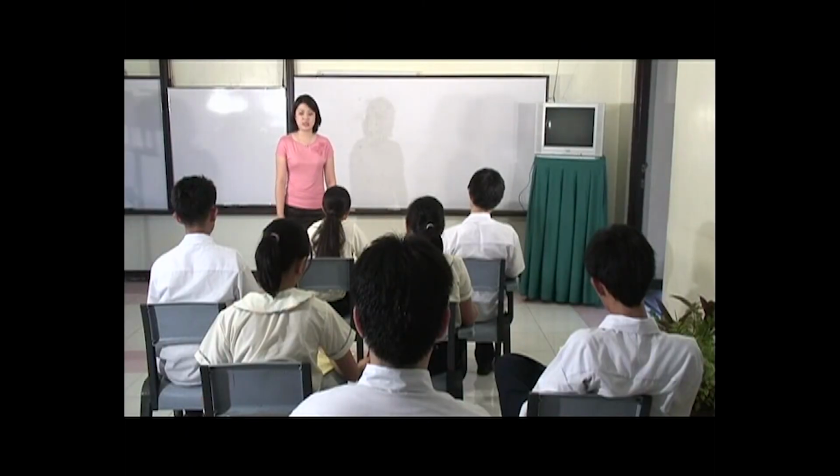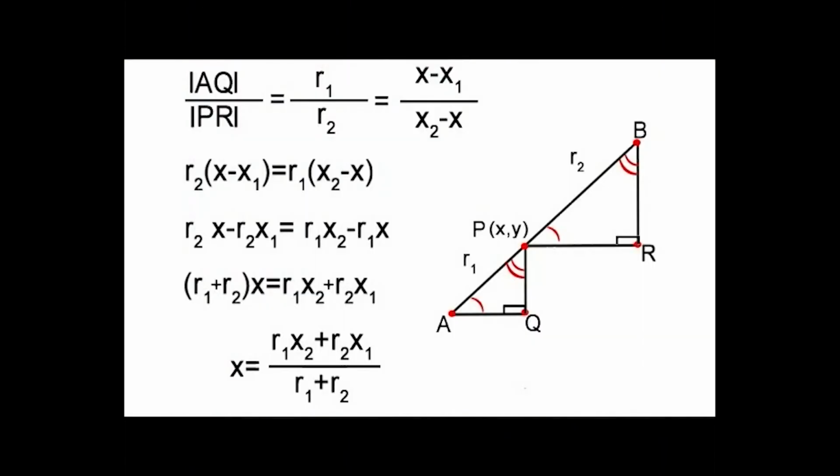Can you explain to the class what you wrote? The two triangles are similar, so their corresponding sides are proportional. Using the ratio of the horizontal sides, we can algebraically solve for the x-coordinate of P. The length of AQ is x minus x1, while the length of PR is x2 minus x.